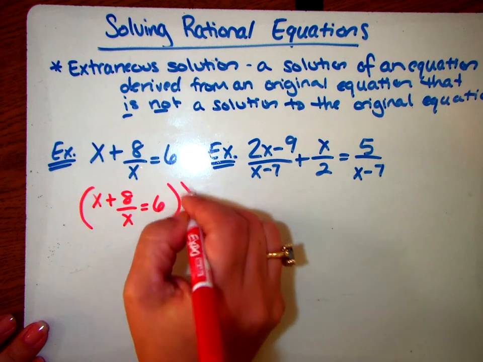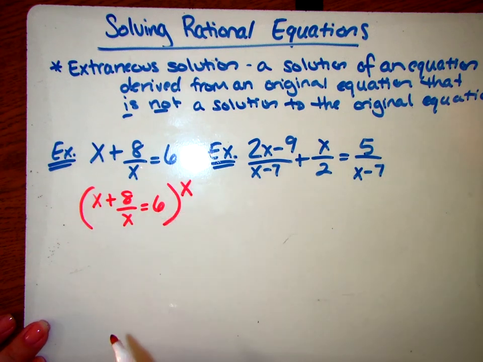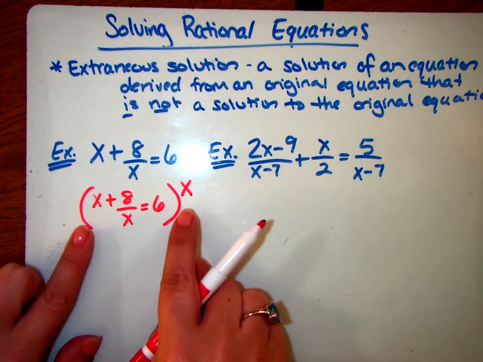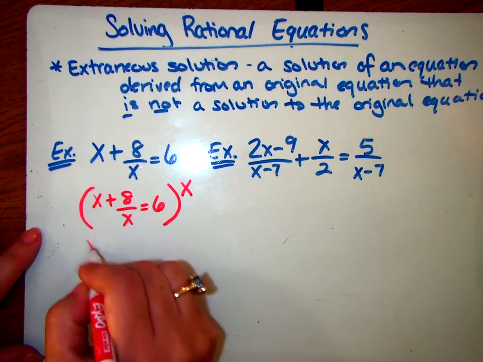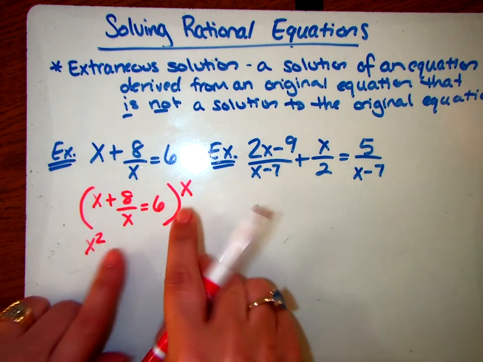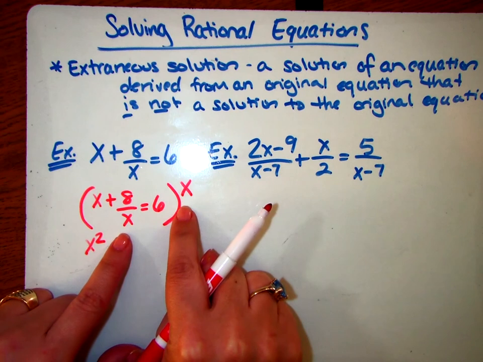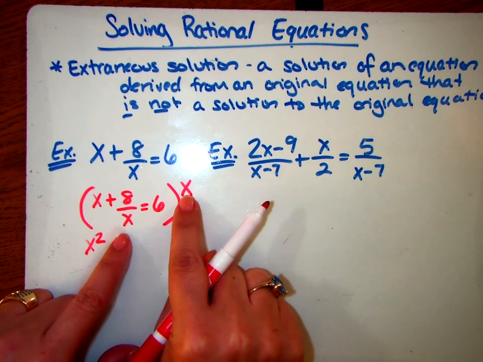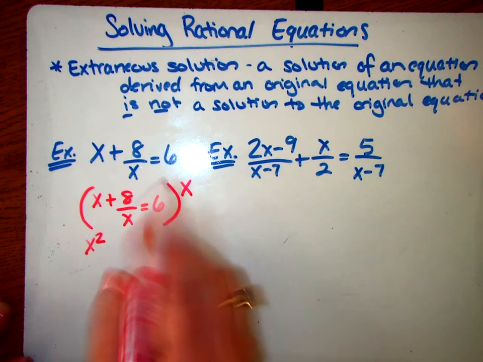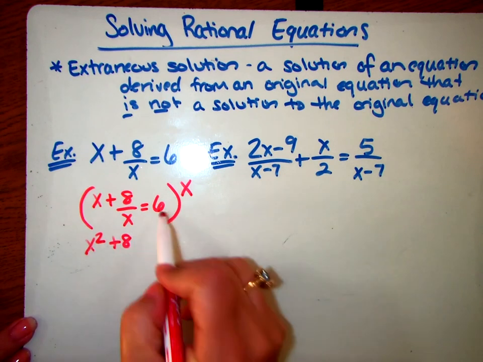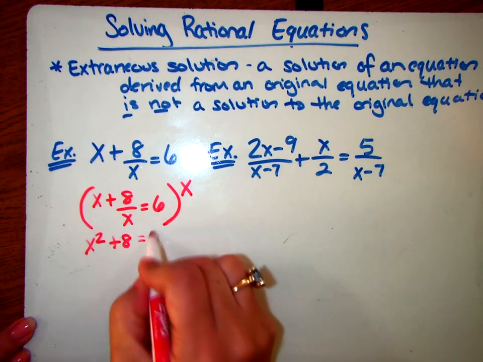So I'm going to multiply the entire equation by x, and I want you to go term by term. The first term, x times x, is x squared. 8 over x times x, well, this is a numerator, that's a denominator, so they cancel each other out, and it just leaves 8. And then 6 times x is 6x.